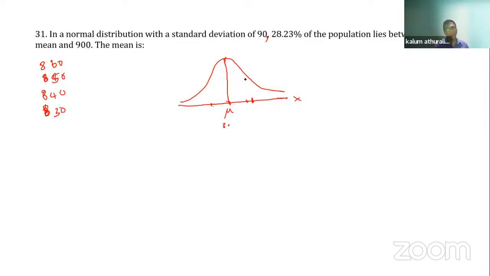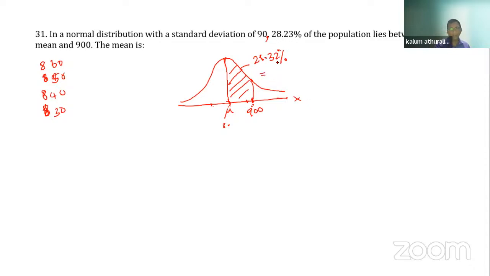Mean and 900: 900 is here. It is 800 something, so 900 should be greater than this value. Then the area between mu and 900 equals 28.32%.